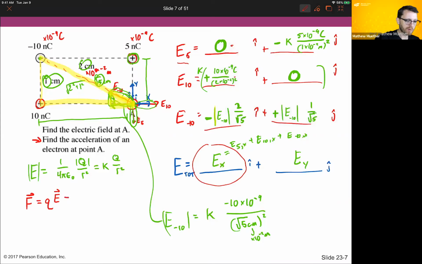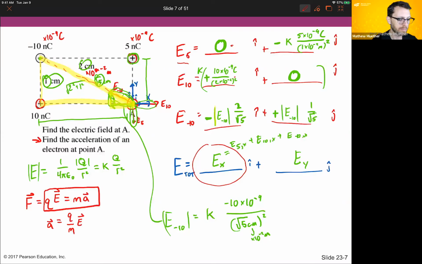But a force also describes a mass times an acceleration acting on that particle. So I can rearrange this expression to find that the acceleration vector should just be the charge of some object divided by the mass of some object times the electric field.